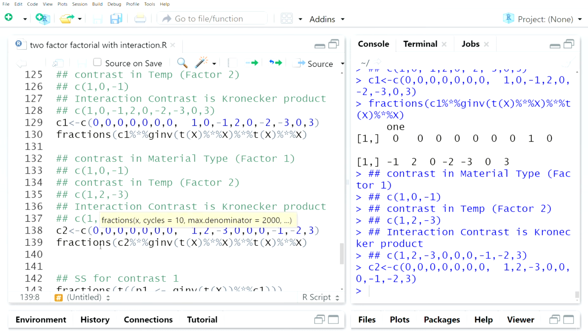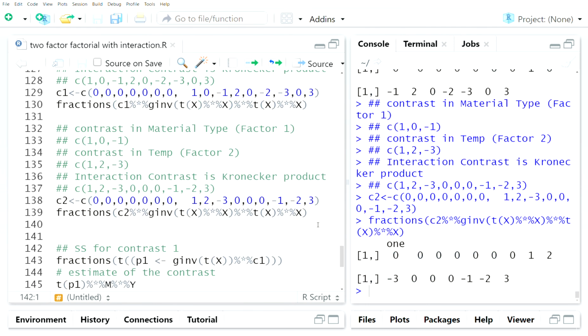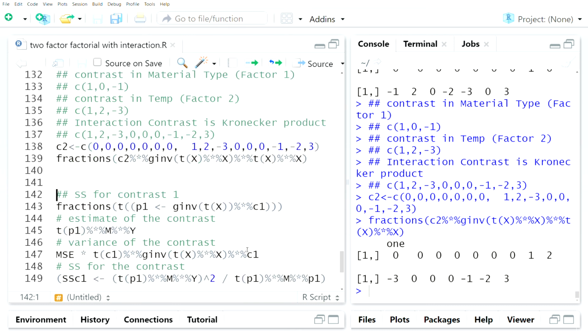So let's see if the linear combination of our parameters produces an estimable function. We put it in this crazy expression, and notice we got it back. 1, 2, -3, 0, 0, 0, -1, -2, 3. So it is estimable. Both of them are, C1 and C2.